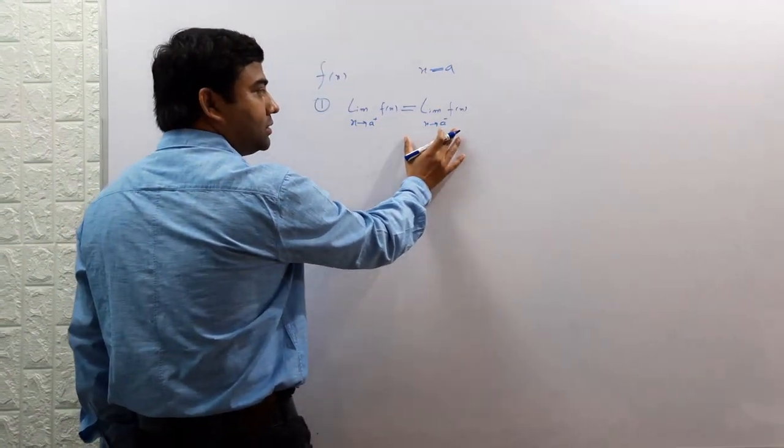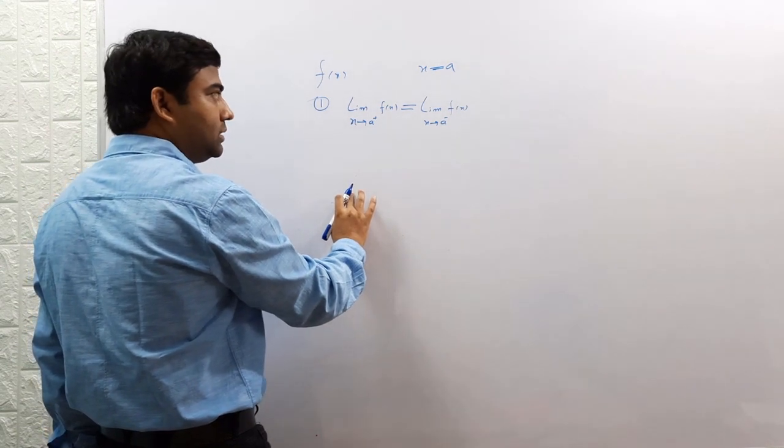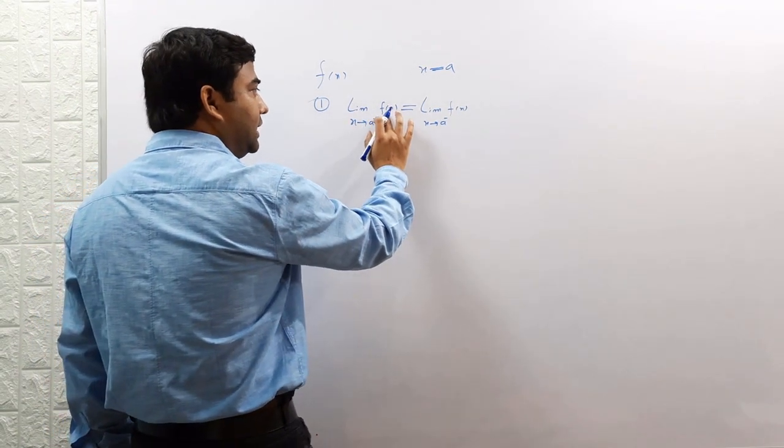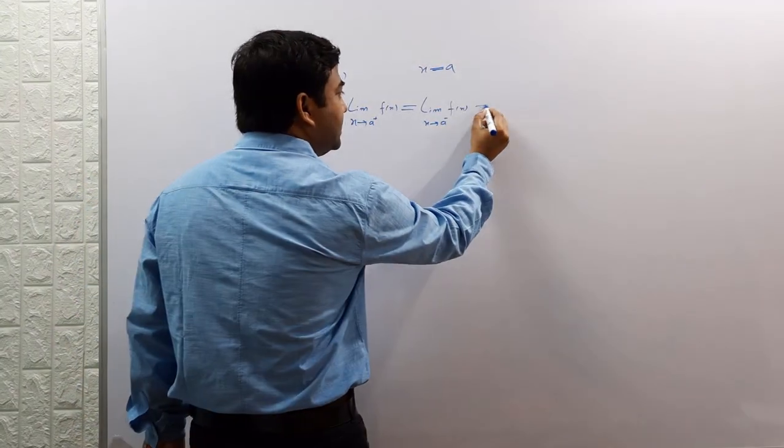Both these limits, one coming from the negative direction and one from the positive direction, then the value of f(x) will be calculated by the limit, which is equal to f(a).